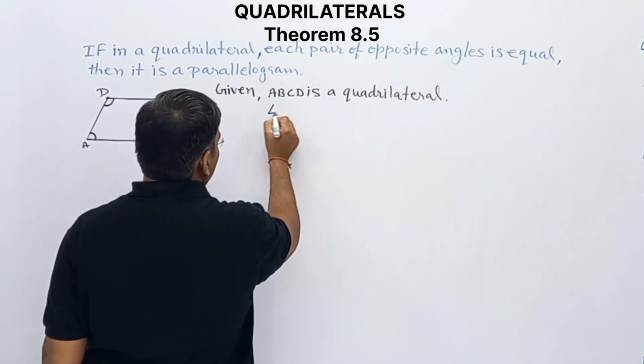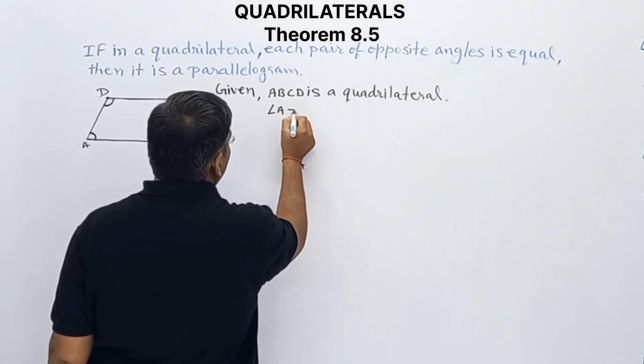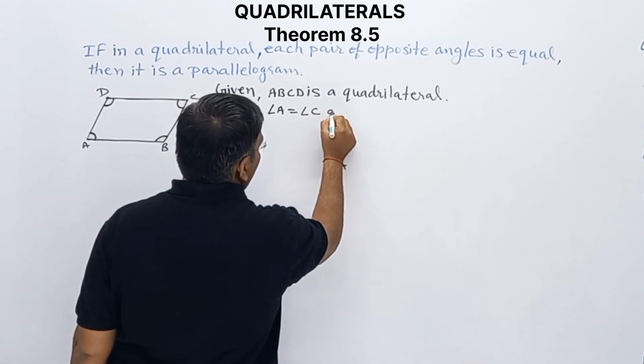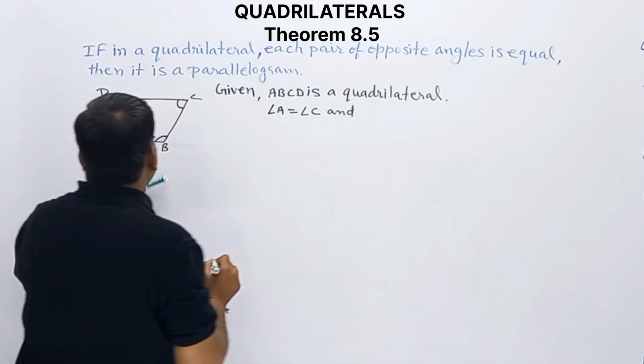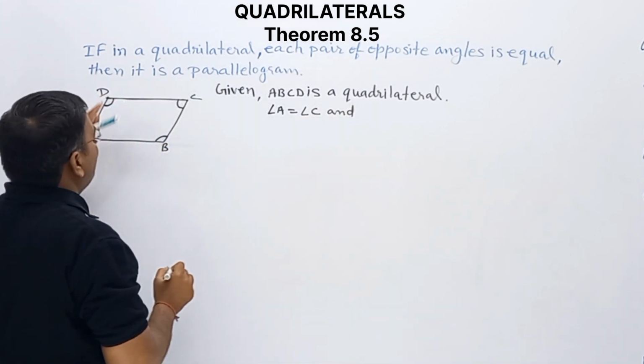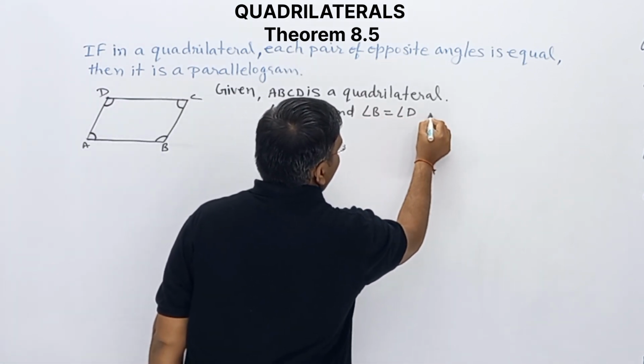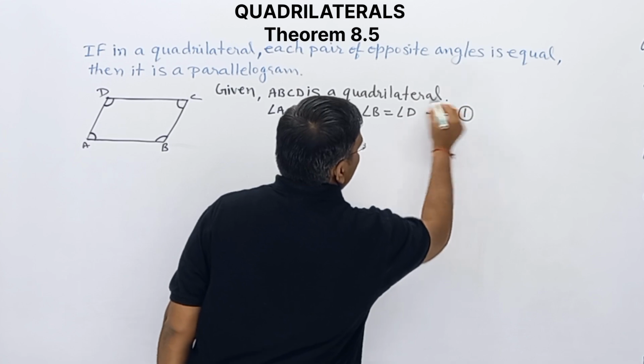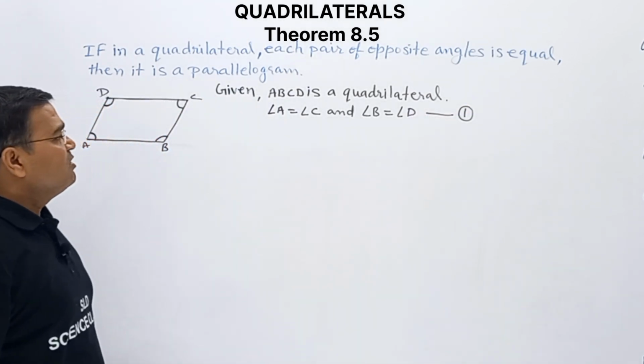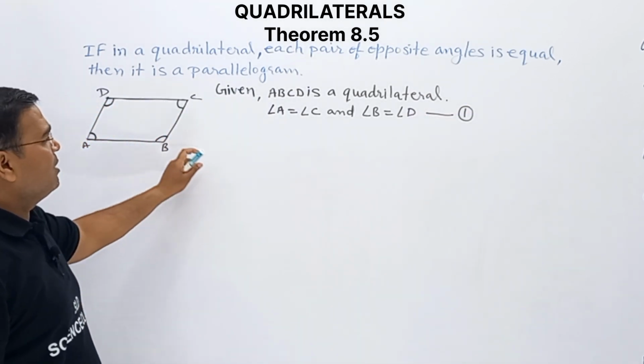First pair is angle A equal to angle C, and another pair is angle B equal to angle D. I am putting this as equation number 1.